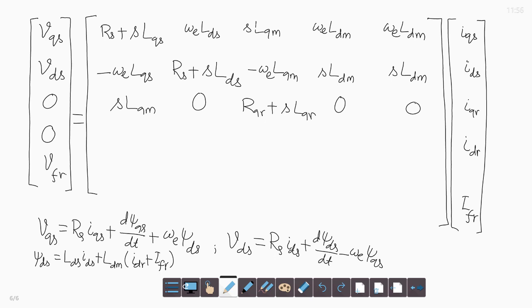Similarly, fourth row is for VDR, fourth row, fourth column, it is RDR plus SLDR times IDR. Then we have SLDM times IDS, and other elements are 0.